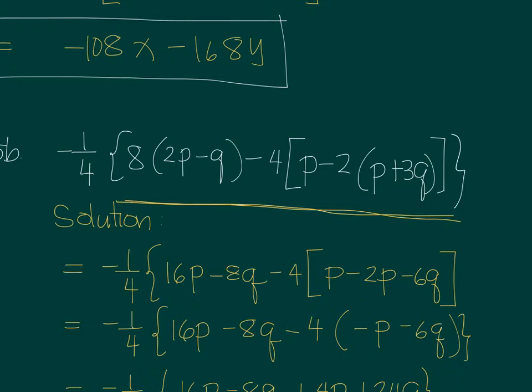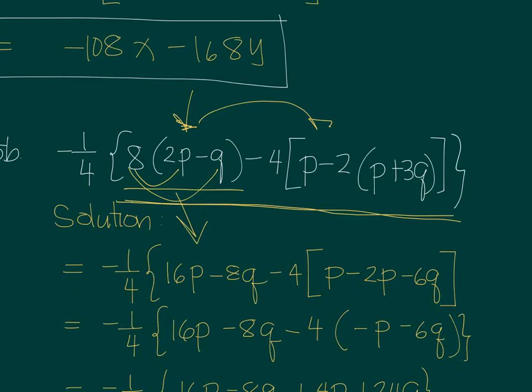Now, if you take a look at this, even if you simplify this, it will not affect the minus 4 times p minus 2 times p plus 3q. So it's perfectly okay if you already multiply 8 to 2p and 8 to minus q, which will give you minus 16p minus 8q.